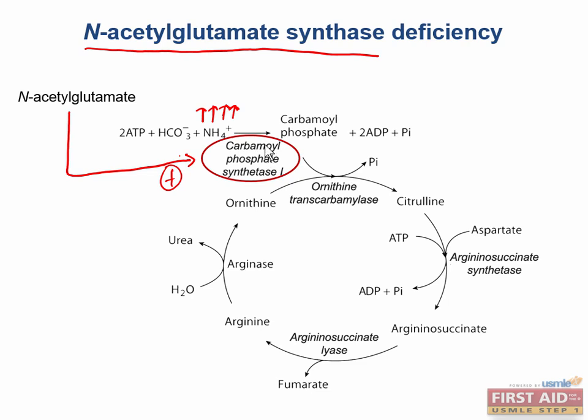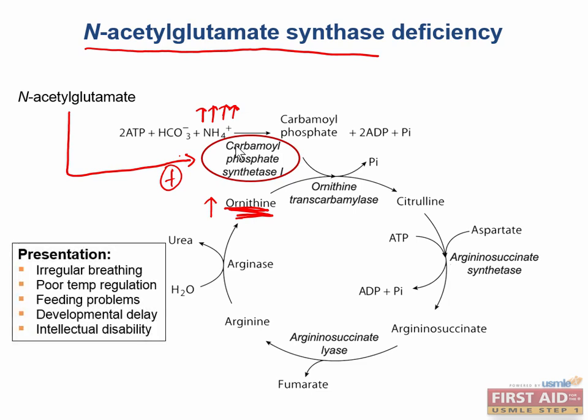However, if you have normal urea cycle enzymes with an increase in ornithine levels, then this can suggest that an N-acetylglutamate synthase deficiency is present. In both N-acetylglutamate synthase deficiency and carbamoyl phosphate synthetase deficiency, you would see symptoms early in life, such as irregular breathing, poor temperature regulation, feeding difficulties, developmental delay, or intellectual disability.